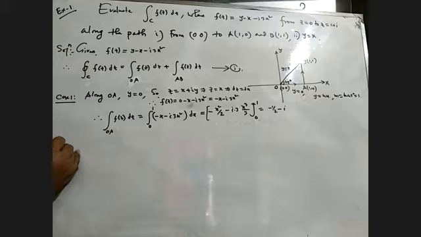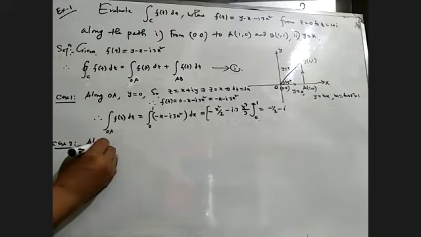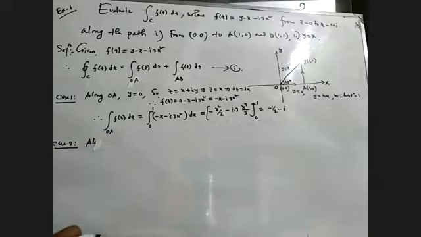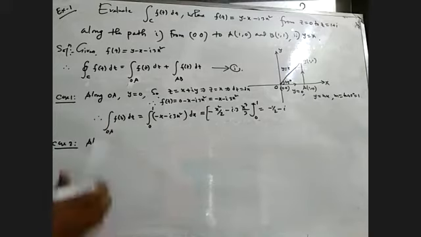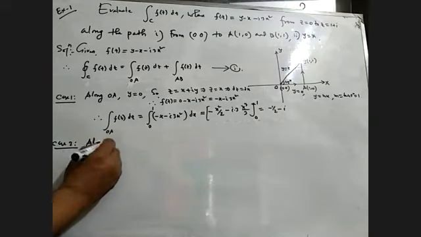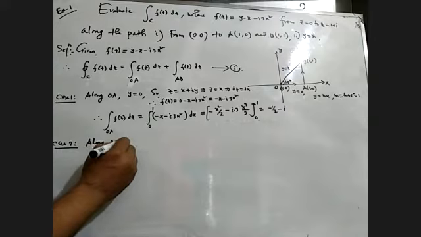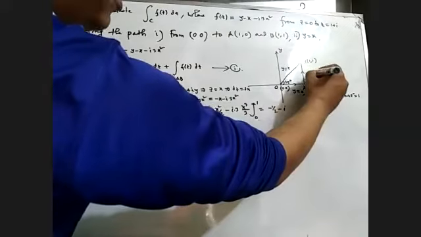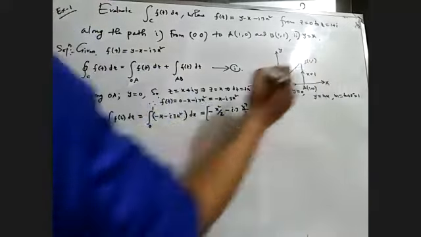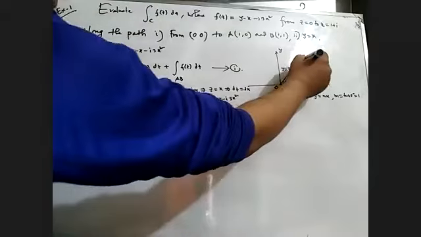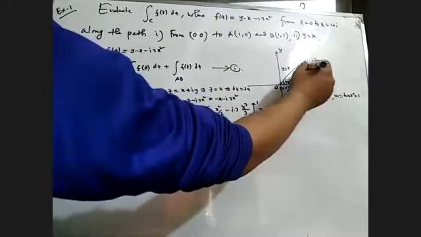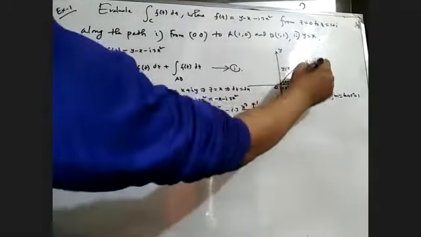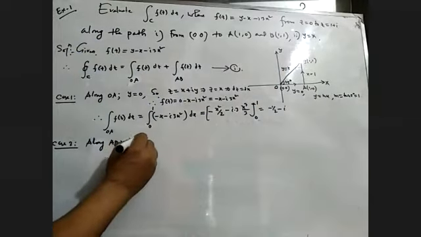Similarly for case 2, along AB, x equals 1. This is parallel to the y-axis, so the equation of AB is x equals 1.